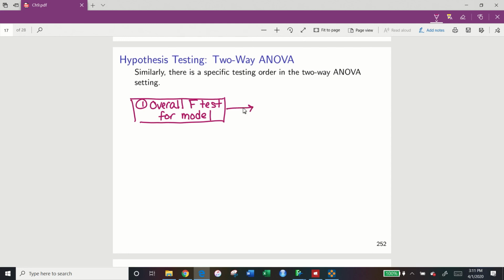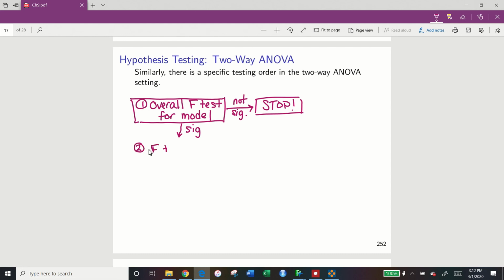If that test is not significant, we're going to stop, because if our factors don't have an effect on our response, then they're not going to be useful for us, so we need to move on and look at other possible factors that influence our response. If it is significant, then we are going to do step 2.